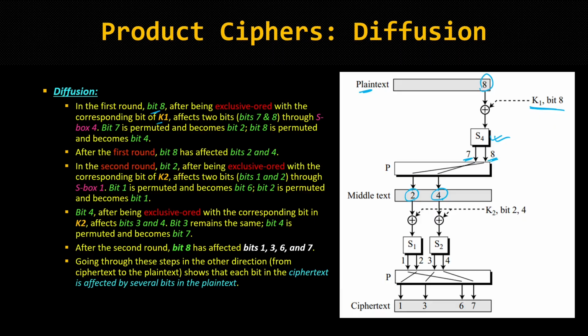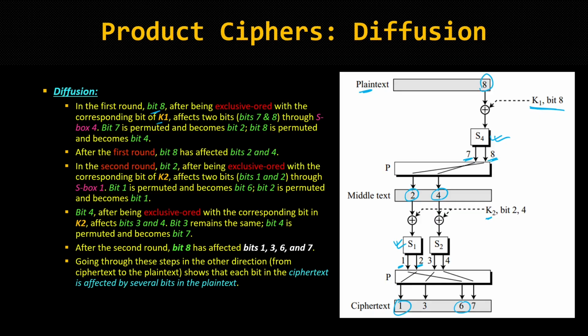Now let us see what happens in the second round. Bit 2, after being exclusive OR with the corresponding bit of K2, affects bits 1 and 2 through this S box 1. Then bit 1 is permuted and becomes bit 6, and bit 2 is permuted and becomes bit 1.